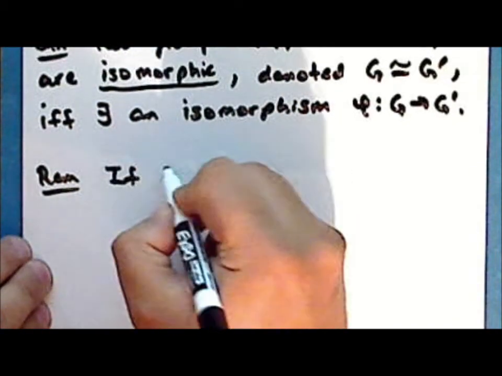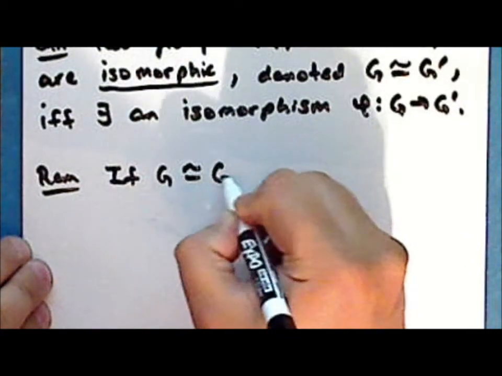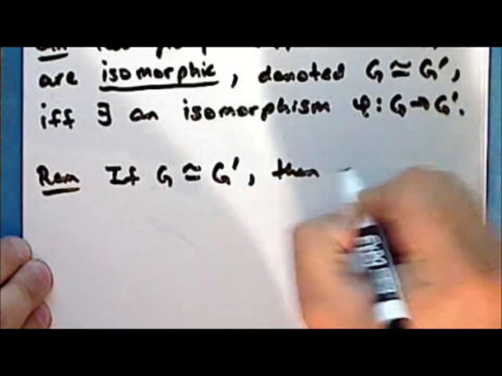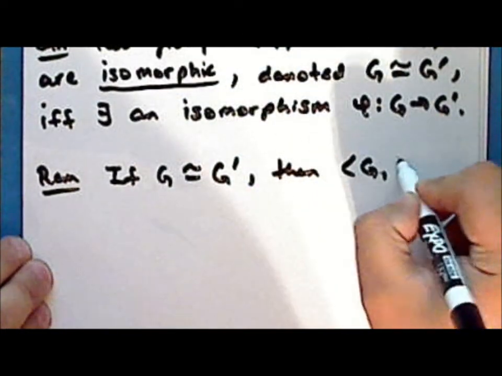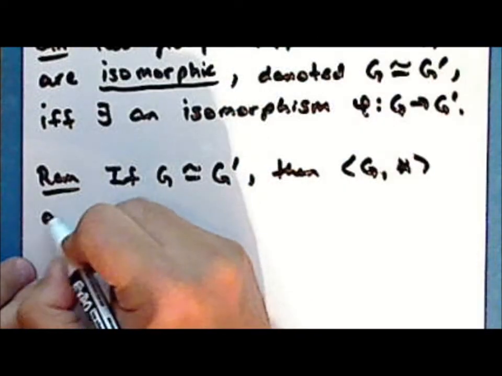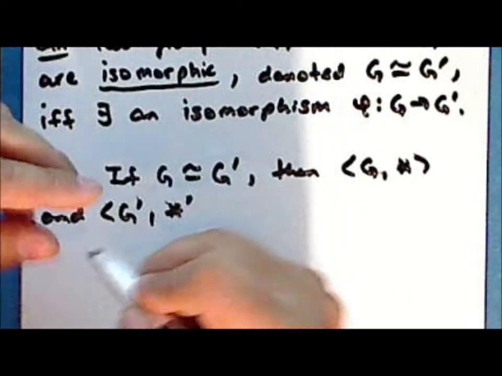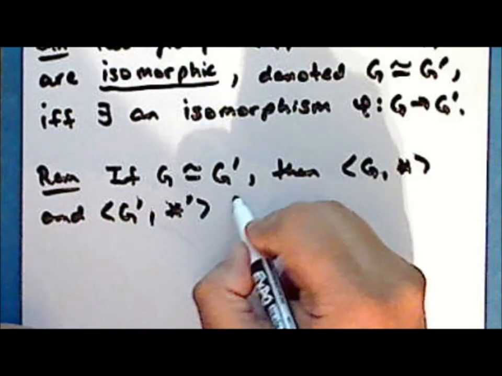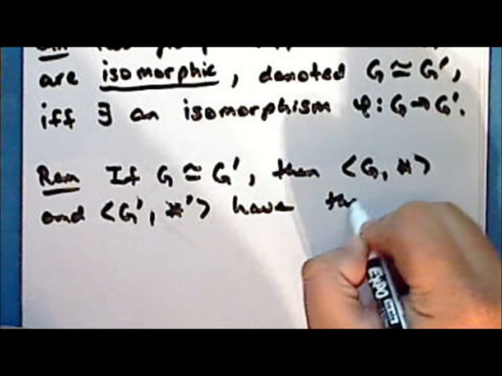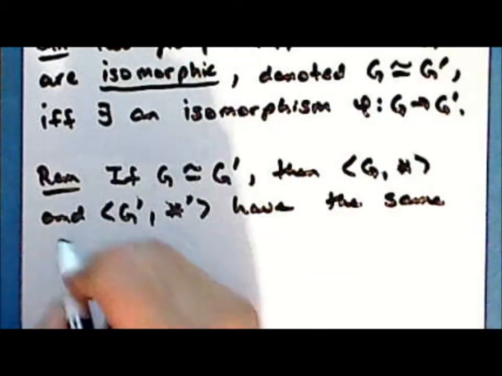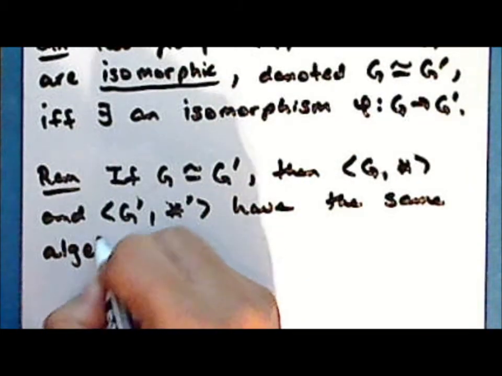So if a group G is isomorphic to a group G prime, then the groups G under the operation star and G prime under the operation star prime have the same algebraic structure.